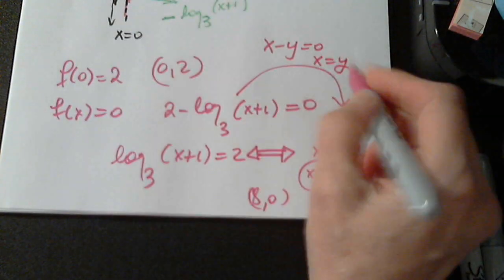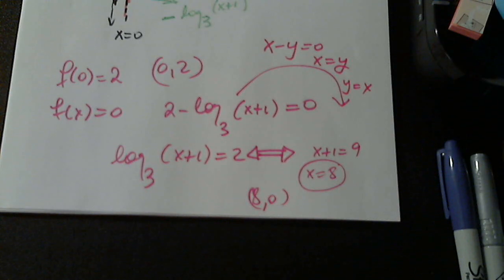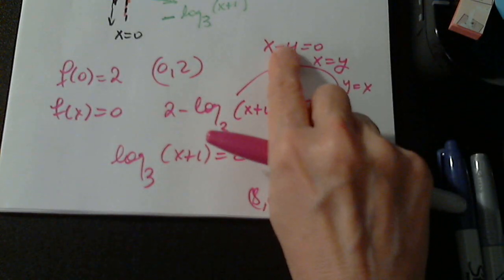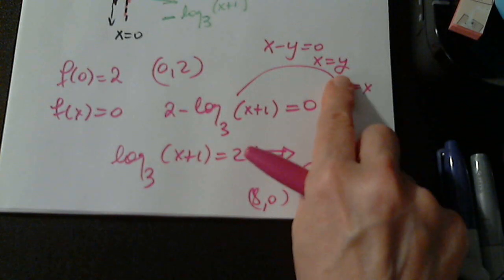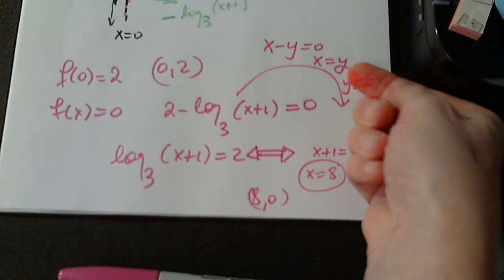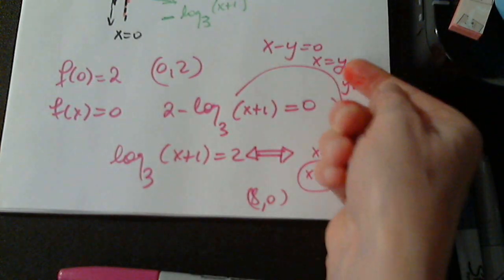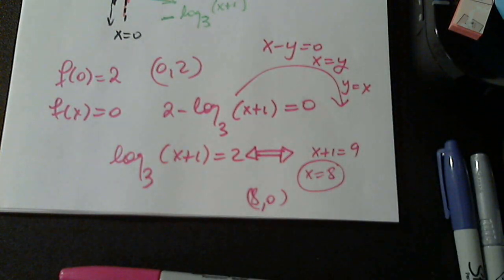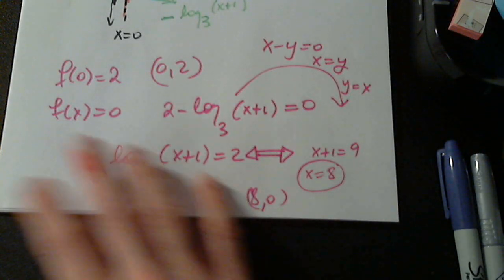Or you can write y equals x. They all mean the same thing. Okay, thank you. So the negative sign becomes positive when you move this term to the other side. But you can also choose to read the equation from this side. Is that better? Yep, thank you.